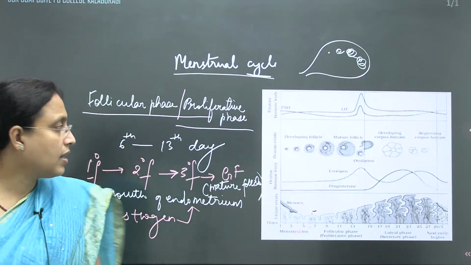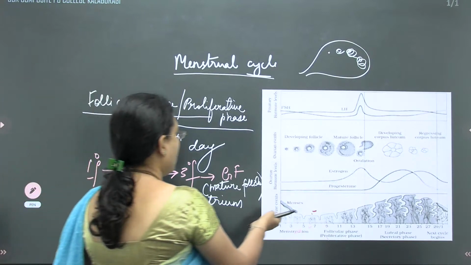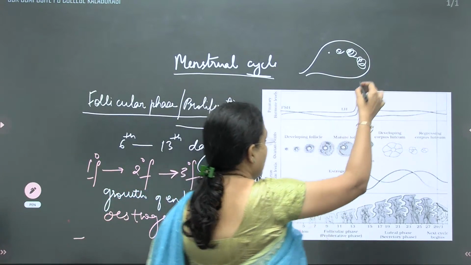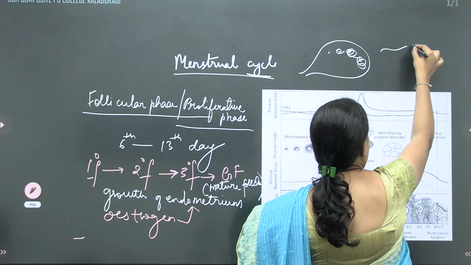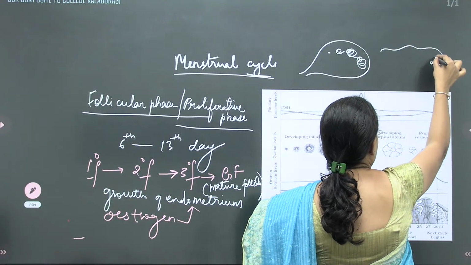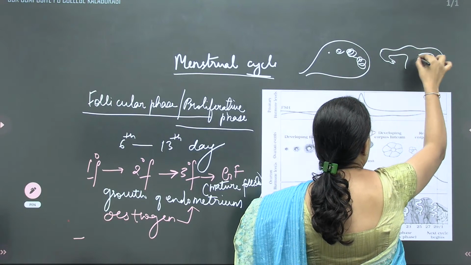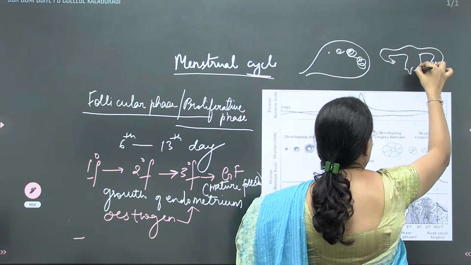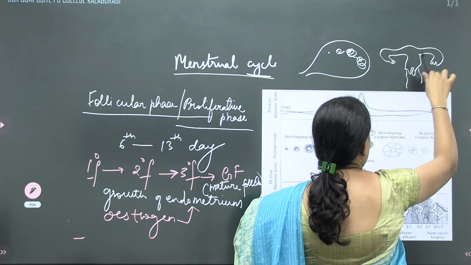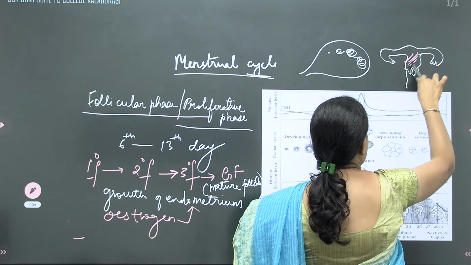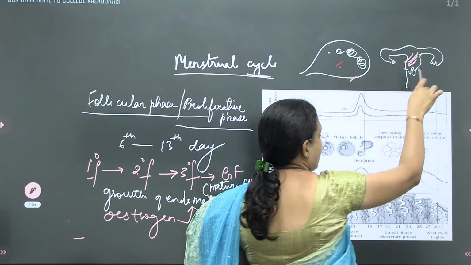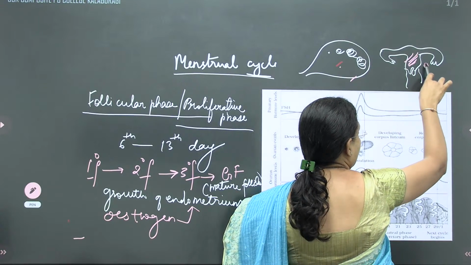What changes occur in the uterus? Always keep this in mind. So this will be the uterus, and this will be the ovarian event.